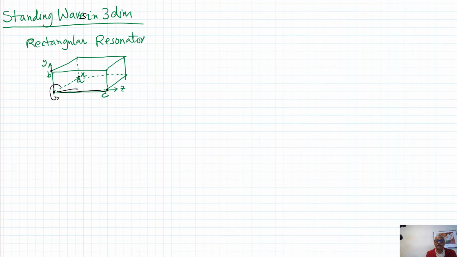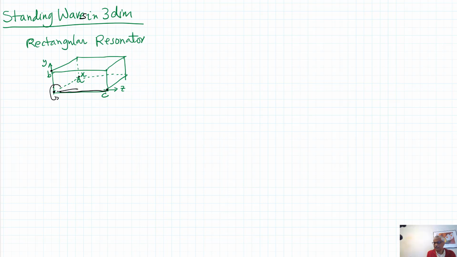For instance, this can be an oven, and I heat the oven to a particular temperature. Then what happens inside the oven is you get electromagnetic waves, and you will get black body radiation there.